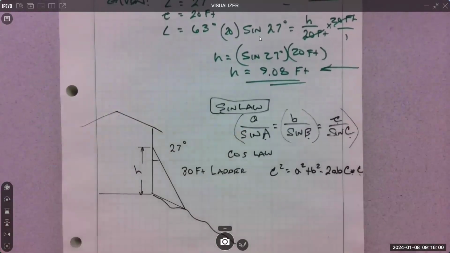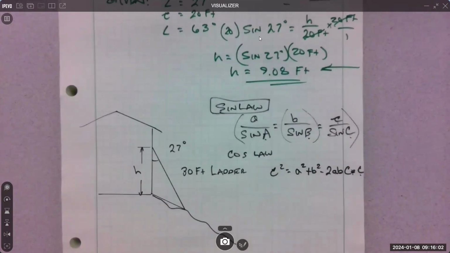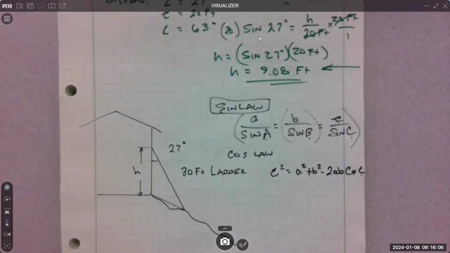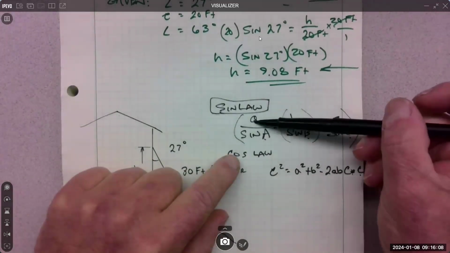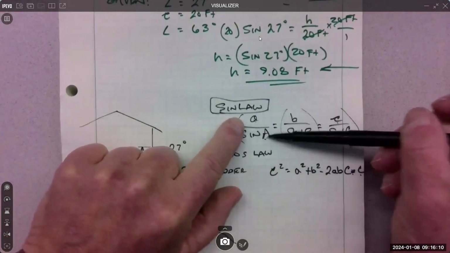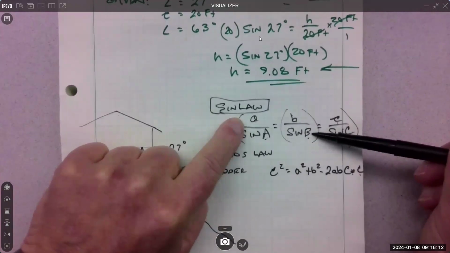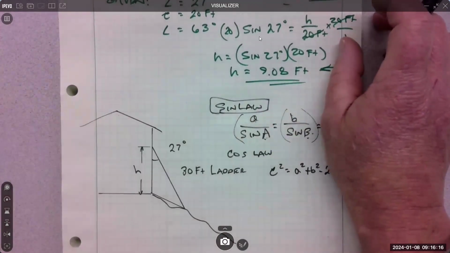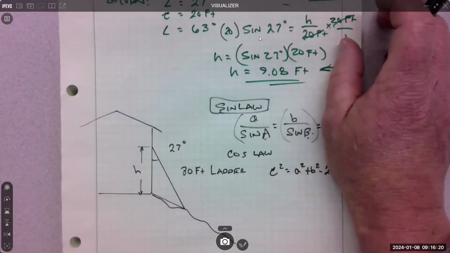We only use two portions of the sine law at any one time. That means you need to know three things, because there's 1, 2, 3, 4 unknowns if you're just looking at two of them, right? 1, 2, 3, 4. That means we need to know three things about the triangle in order to use the sine law.